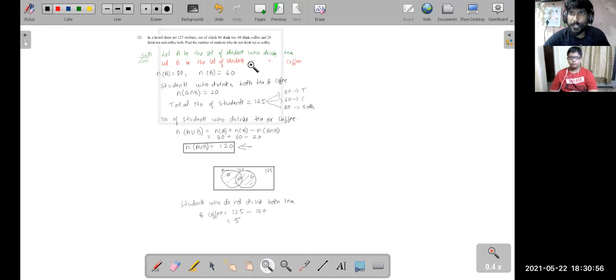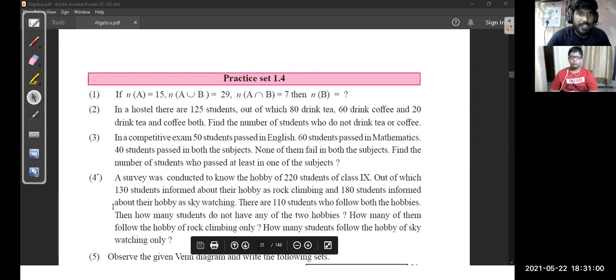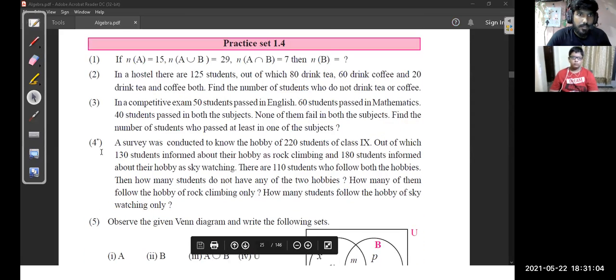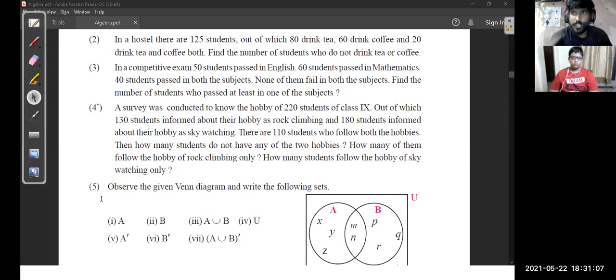Okay, so we will stop here. In this exercise, we have 3 more sums remaining. So this will finish on Tuesday. Okay. So I'll stop here.